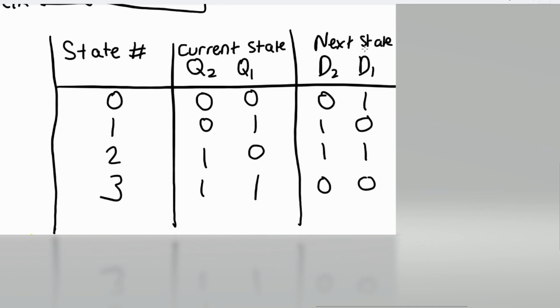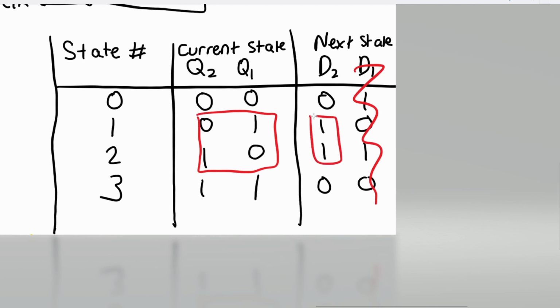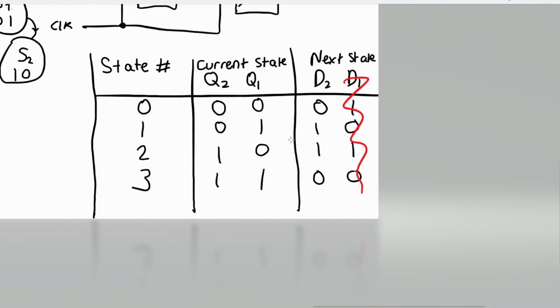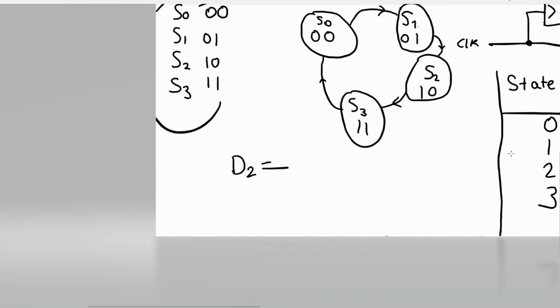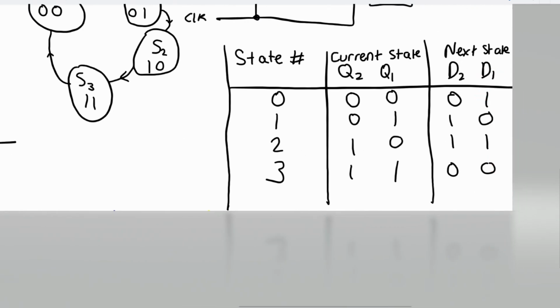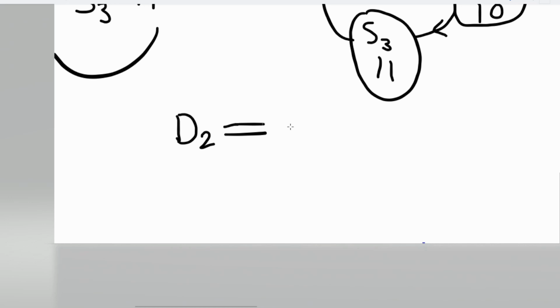If you just ignore D1 for a moment, D2 is 1 when Q1 XOR Q2. You can see this is an XOR. So we can write that logic as D2 equals Q1 XOR Q2.